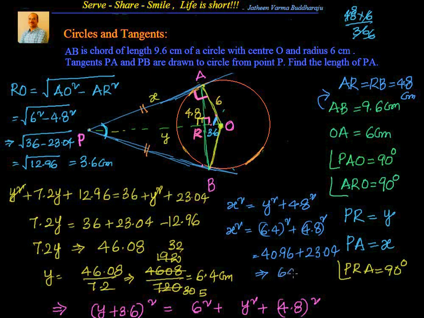When you add them, you will get 64. That means x equals 8 centimeters. So this process is a little bit lengthy, but you are not using similar triangles. If you are interested in similar triangles, please go ahead with that. Otherwise, you can use Pythagoras theorem and also solve it.